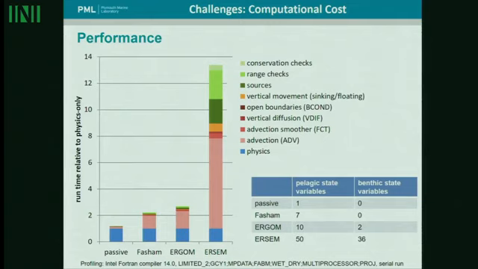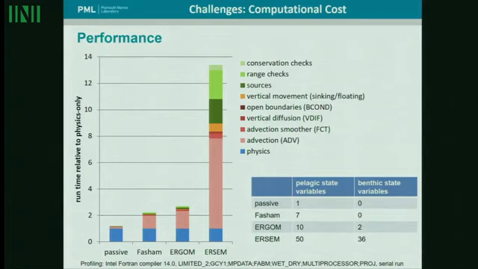Finally, there's an issue of computational cost, because one of the problems of running marine models is that you have to transport everything. Every variable you have in a marine model is a tracer that goes into your hydrodynamic model and has to be moved around, and this comes at a high computational cost.